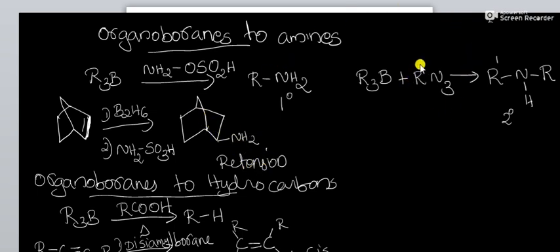If we add organoboranes to azide, R-N3, it will be converted into secondary amine, R-NHR, that is our secondary amine.